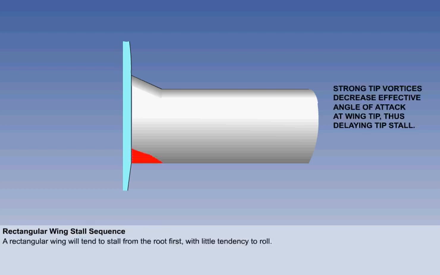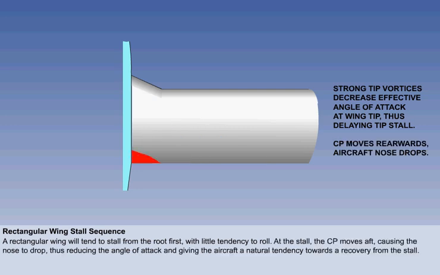On a rectangular wing, separation tends to start at the wing root trailing edge and spread forward and out towards the tip. Since the reduction in lift occurs initially inboard near the C of G, even if it happens on one wing slightly before the other, there is little tendency for the aircraft to roll. The aircraft loses height but remains more or less wings level.